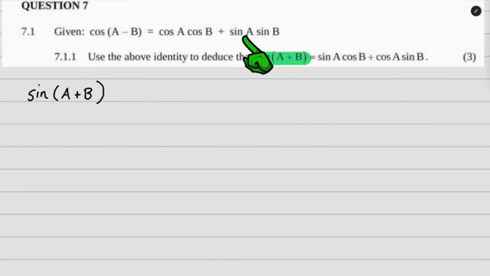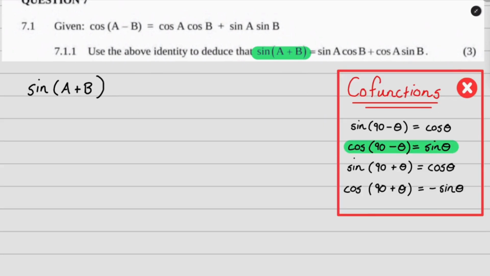So how I do that is I'm going to use a co-ratio to turn this sine into a cos. So let's grab our co-functions or co-ratios, and we're going to be using this co-function, but we're going to be using it backwards. So we're going to change sine of this angle into cos of 90 minus that thing, and don't forget brackets when you do that.